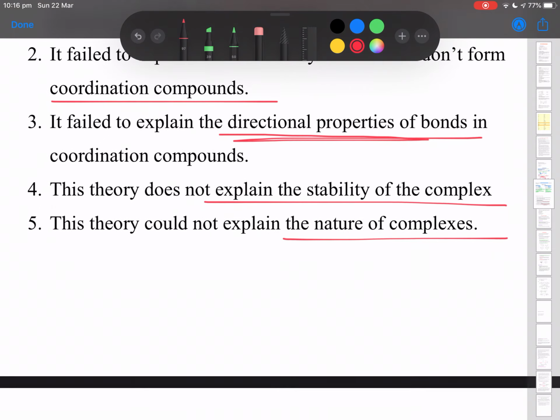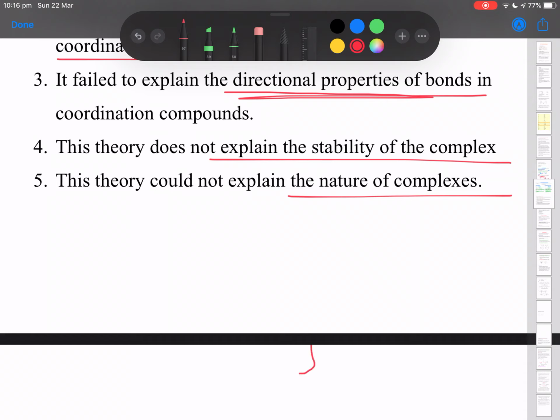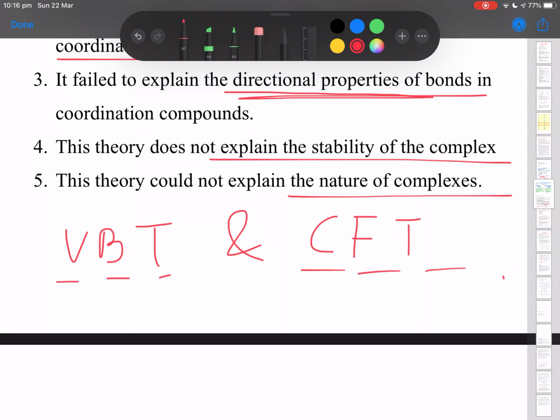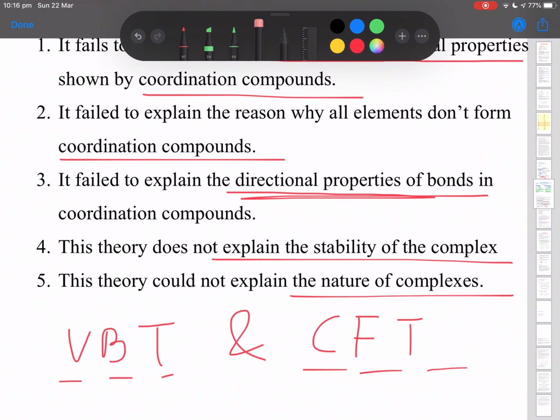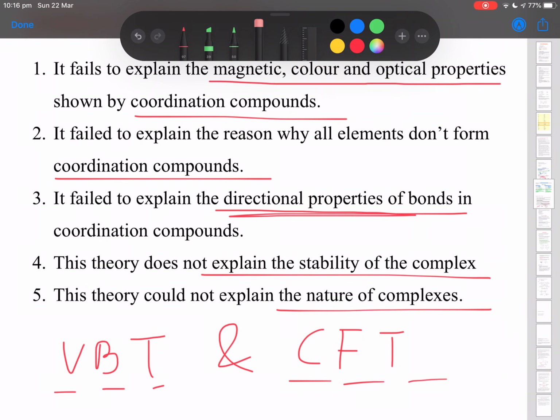So many drawbacks were there for Werner's theory, and therefore later on, the theories known as VBT and CFT, crystal field theory, could give a clear idea about the spatial arrangement, magnetic properties, the geometry, the alignment, and so many other things. So basically we will follow CFT in the later videos, and that's a very important theory.